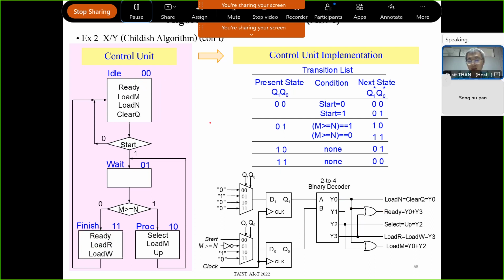And load M is active at state 00 or 10. Load M: 00 is Y0, 10 is Y2.